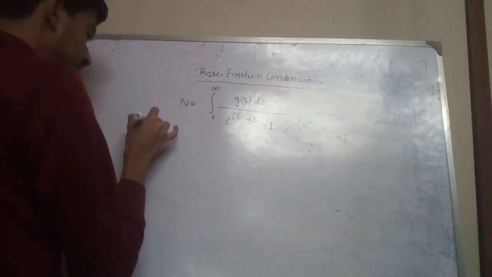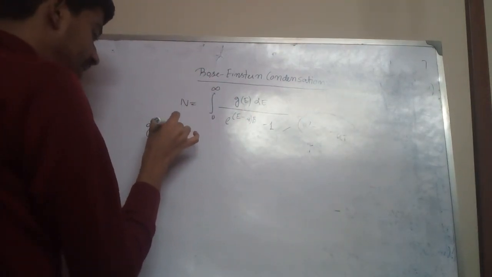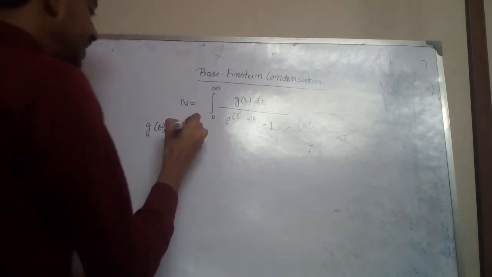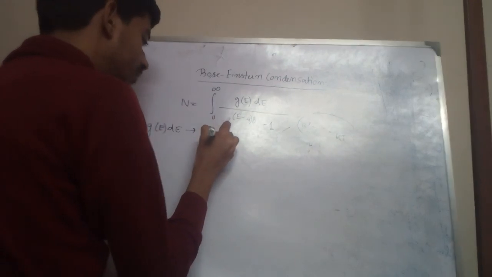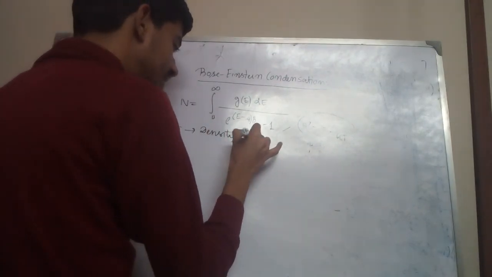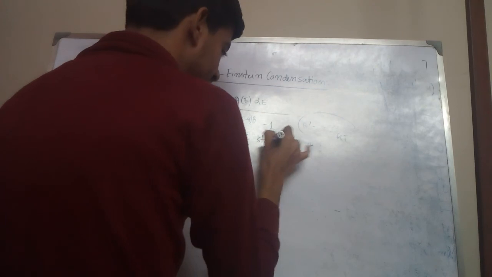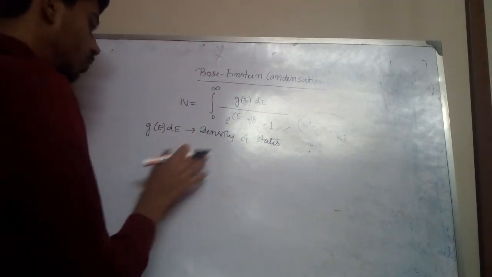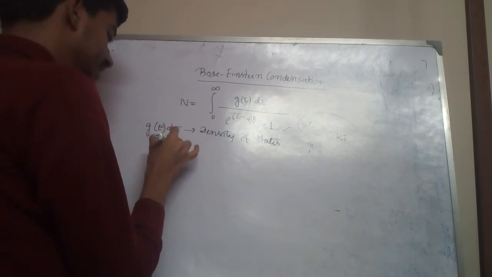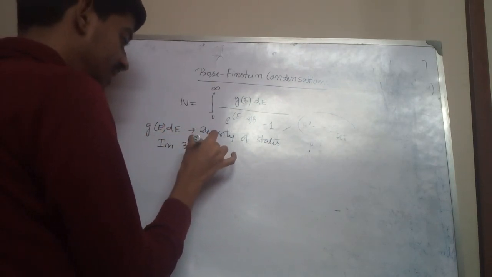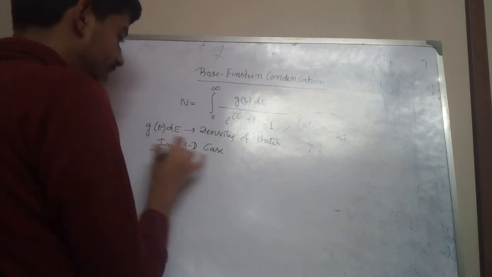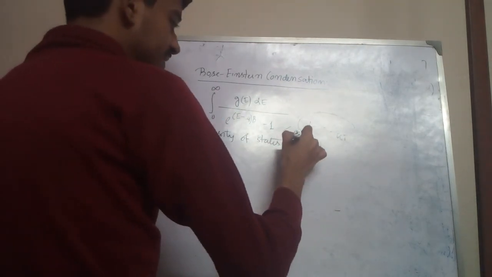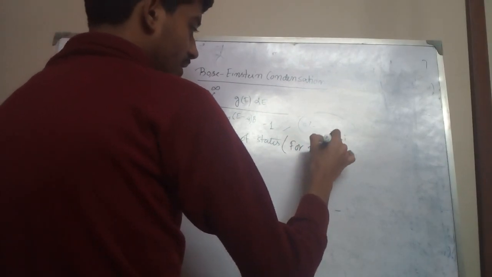We know G(e) is the degeneracy and G(e) represents the density of states. So in the 3D case, what is the density of states?